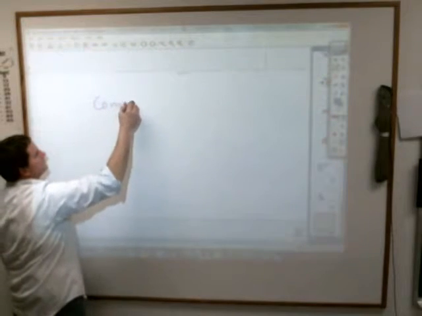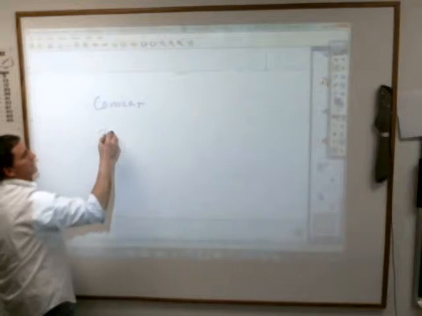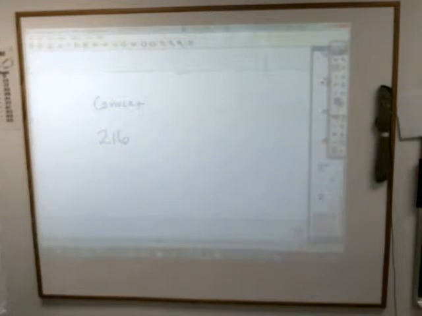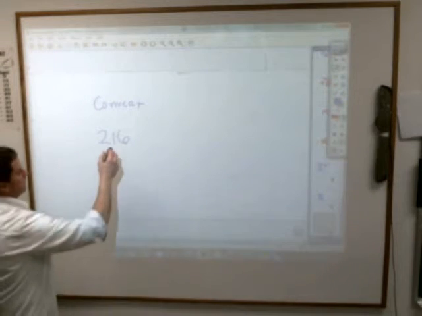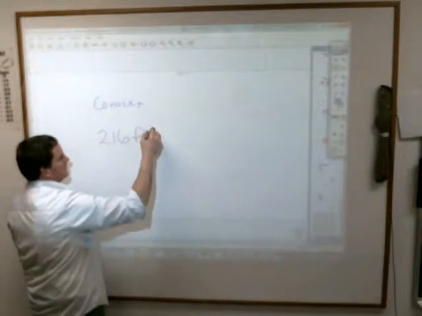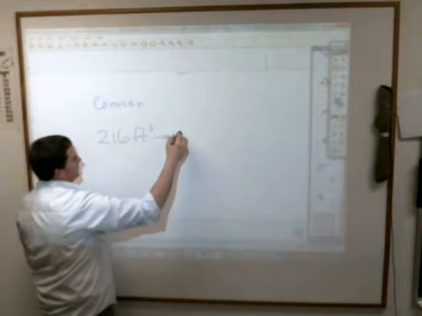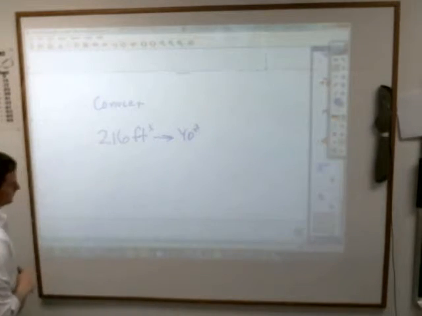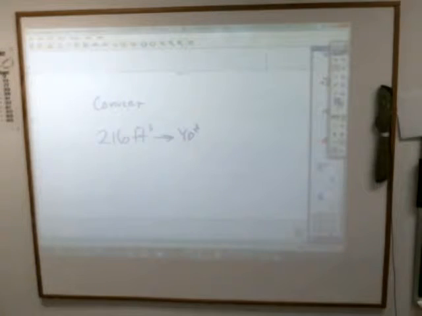Convert 216 feet cubed, and I want to make it into yards cubed. Ready? This is the pinnacle of the whole presentation.